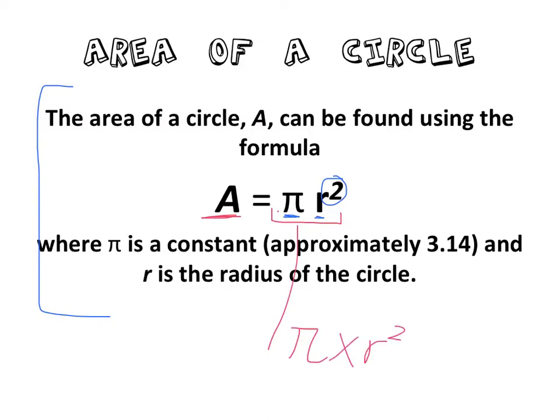Now, what does r represent in the formula? Underneath, it says where in this formula, pi is that constant number, 22 divided by 7, or 3.14, that we worked out the other lesson. R in the formula is the radius of the circle. You'll remember in the previous lesson we learned what a radius is and where it's represented in the circle.